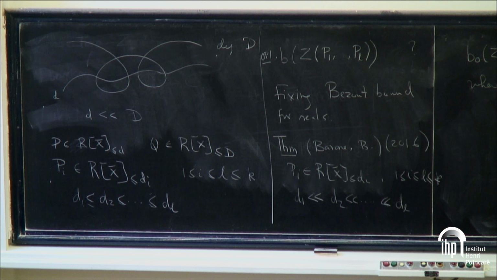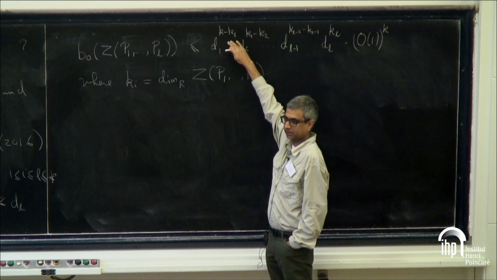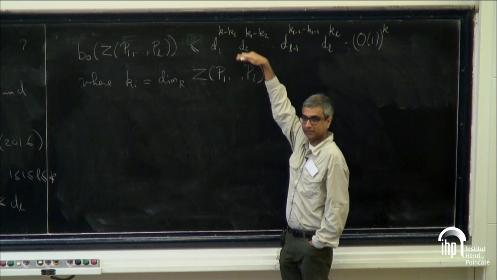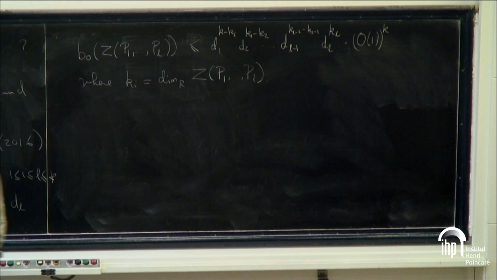So up to this constant, the exponents here, which by the way add up to k, as you'd expect, the exponent of each degree is the dimension drop that that polynomial causes when you add it to the list of the polynomials.